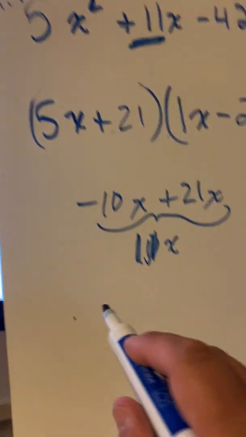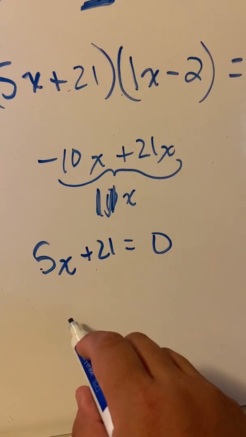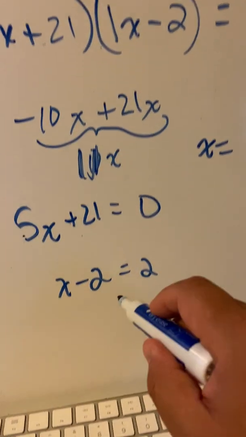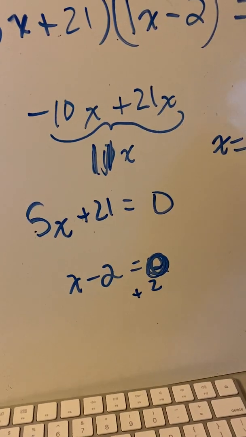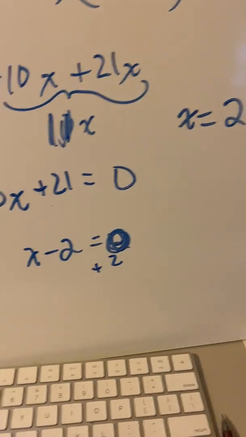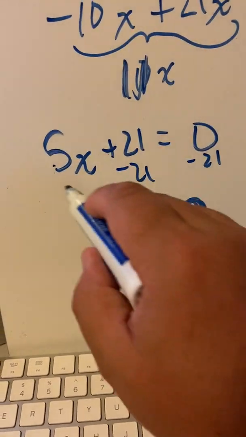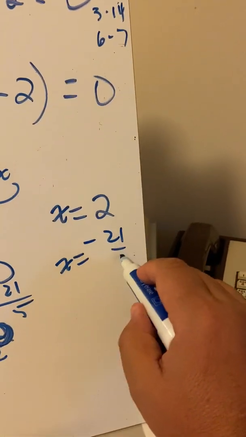And to me, if I'm going to solve this, 5x plus 21 equals 0, and x minus 2 is equal to 0. X is easy. Oh, I'm sorry. Add the 2. X is equal to 2 for one of the answers. Now this one, you're going to subtract 21 and divide by 5. So x is equal to negative 21 fifths.